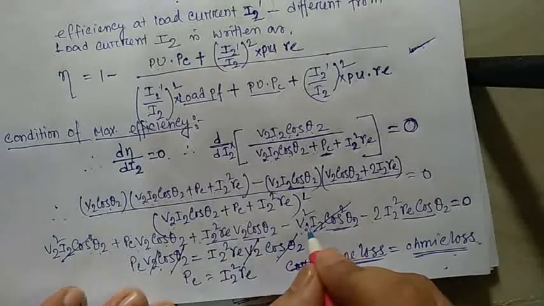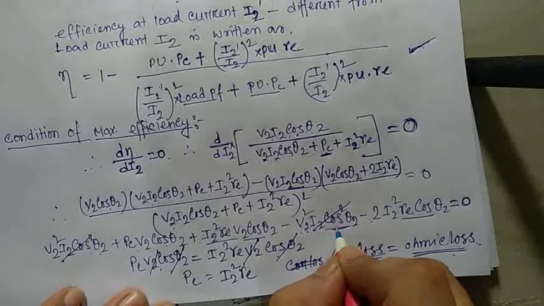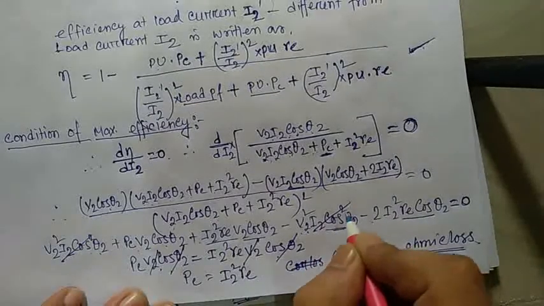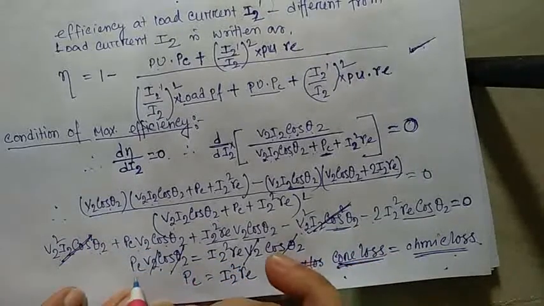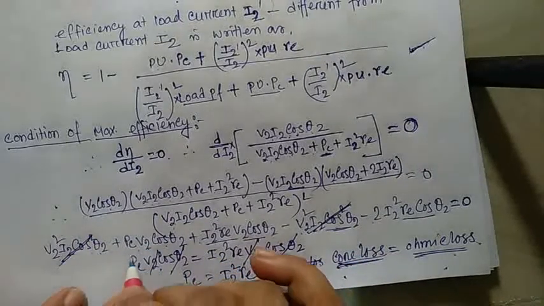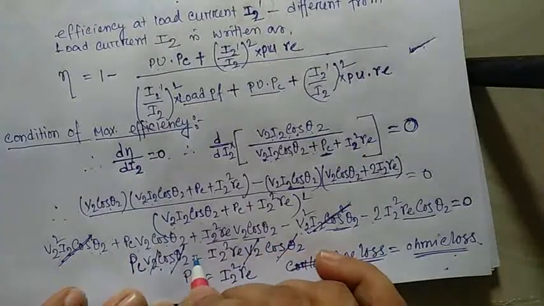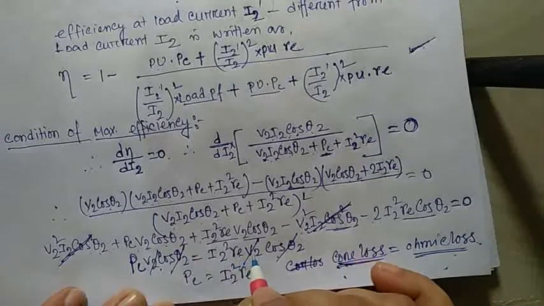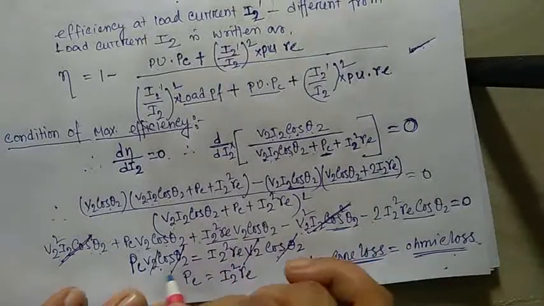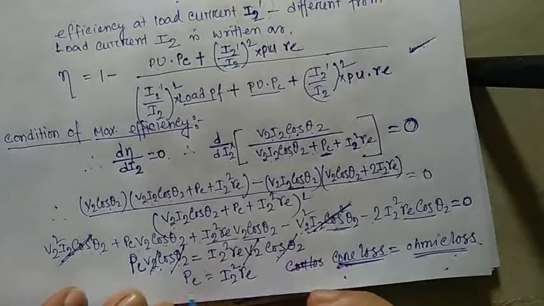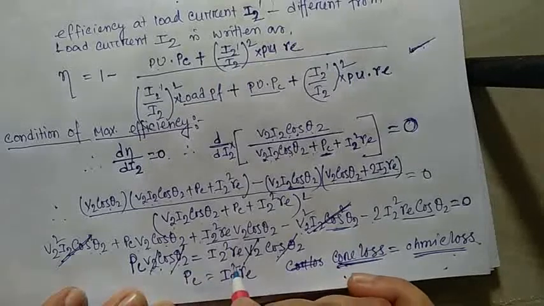Here V2 square I2 cos square theta 2 cancels out. The equation is further simplified: PC V2 cos theta 2 is equal to I2 square RE V2 cos theta 2. V2 cos theta 2 cancels out, so the equation comes PC equal to I2 square RE.